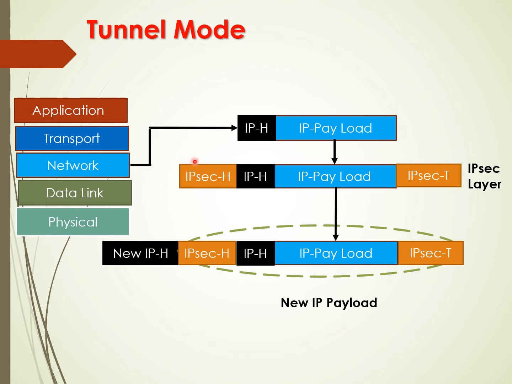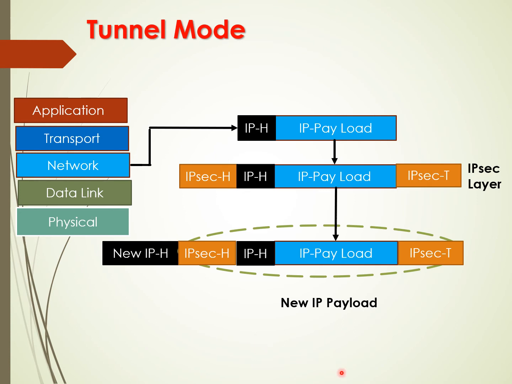So what is the major difference between the tunnel mode and the transport mode? The first major difference is that the original IP header is not secured in transport mode, and it is protected in the tunnel mode. The whole packet is considered as an inner packet, and security is provided for the inner packet in the tunnel mode.